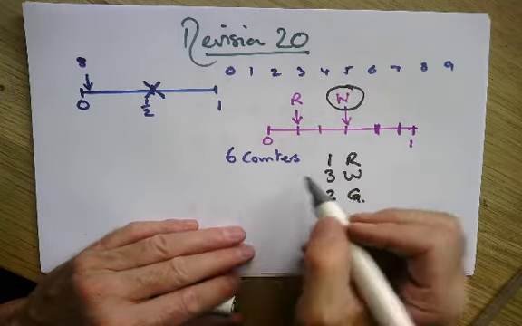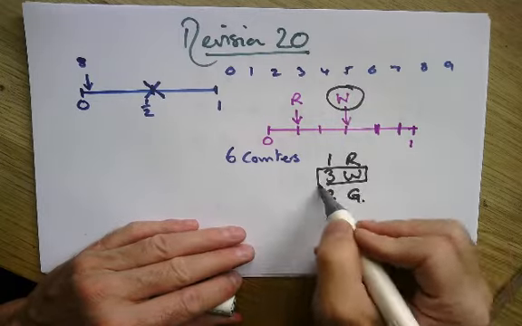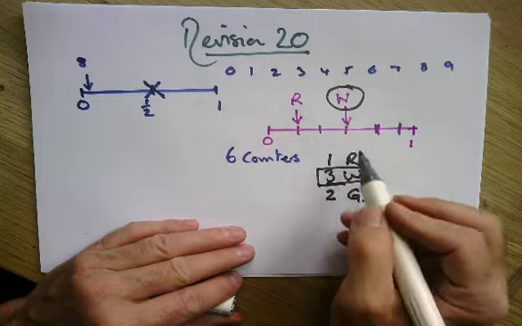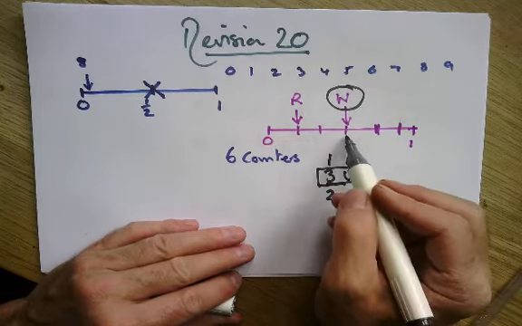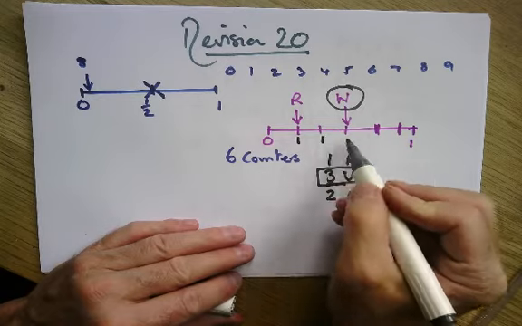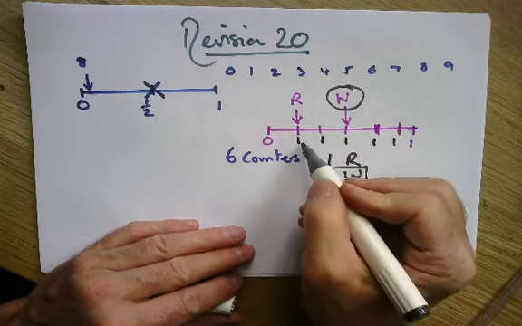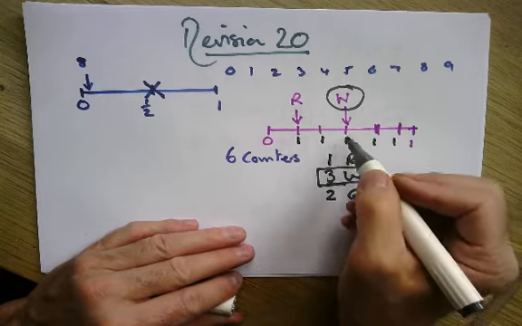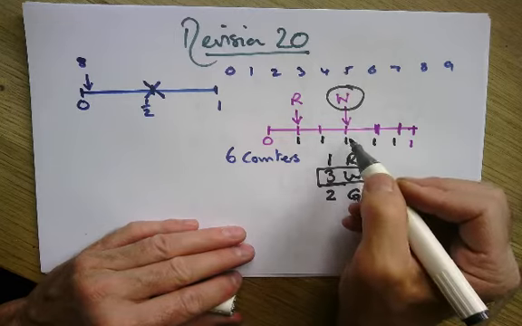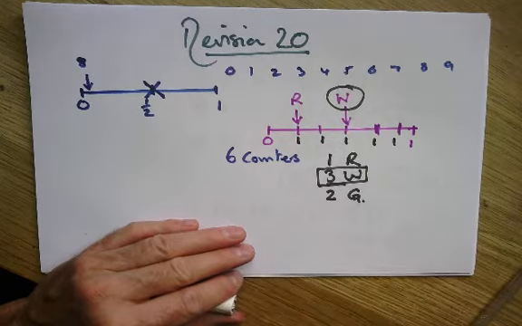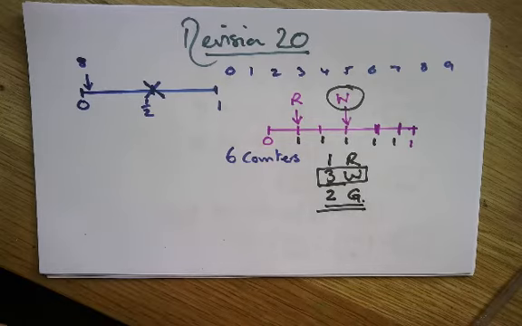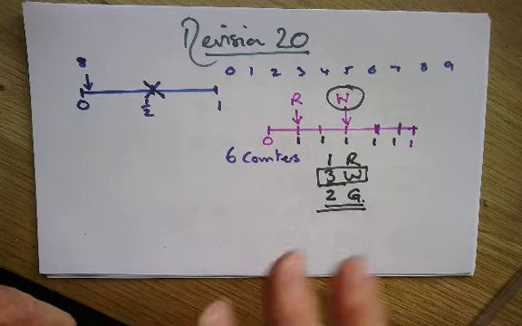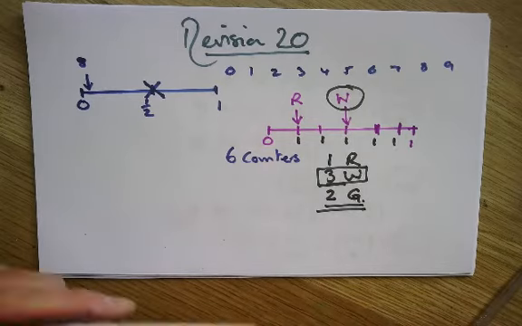White is halfway. Half of 6 is 3. So that would tally with that, halfway. And if this is equally done and there are 3 there, then that must be 1 counter each. In a sense, these are counters. So 1 counter is red, 3 counters are white, so it must be 2 counters are green. It's a really interesting question, that, and quite a challenging way to try and answer it.